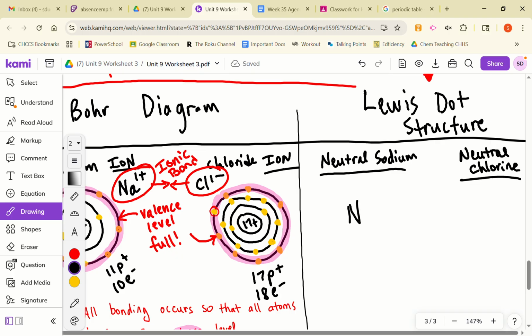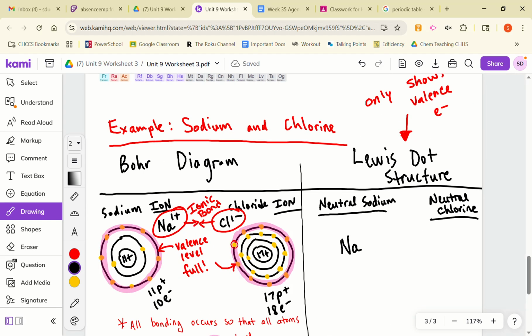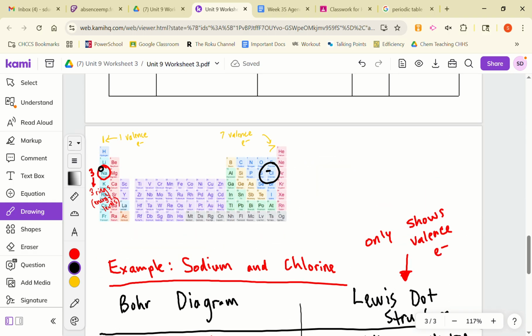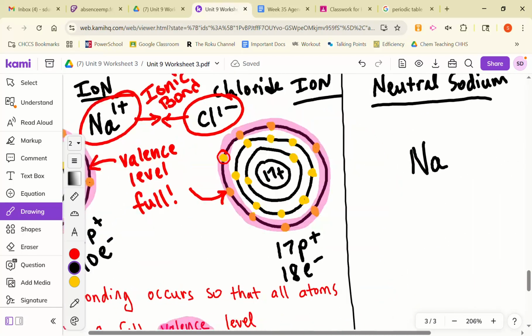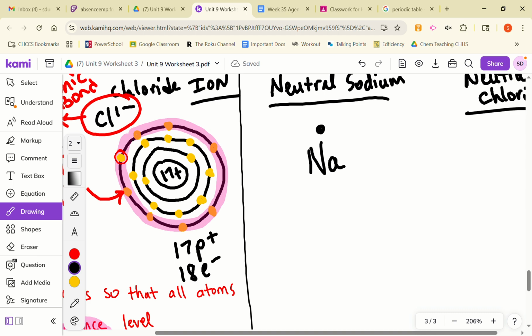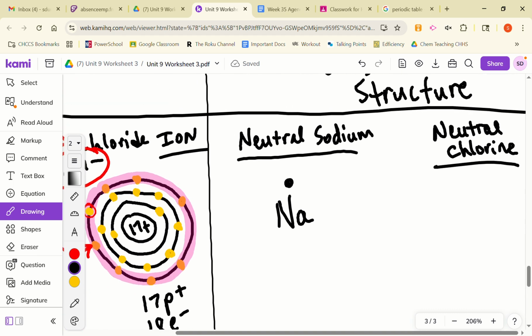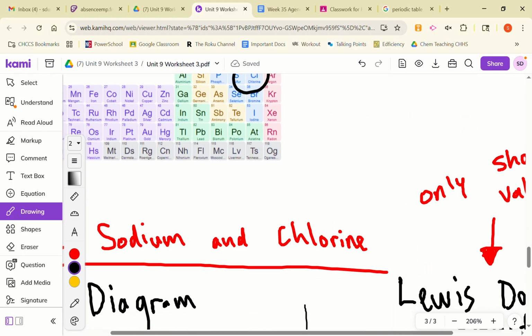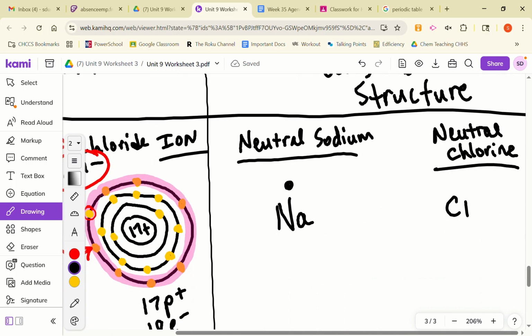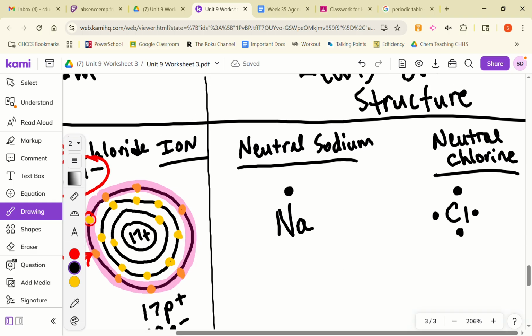So here's neutral sodium. We already said that neutral sodium has 1 valence electron, so I'm going to draw 1 valence electron. Neutral chlorine, on the other hand, has 7 valence electrons. So I'm going to draw 1, 2, 3, 4, 5, 6, 7.